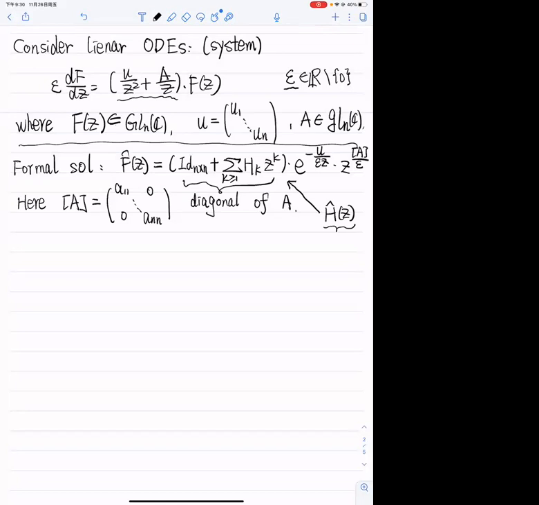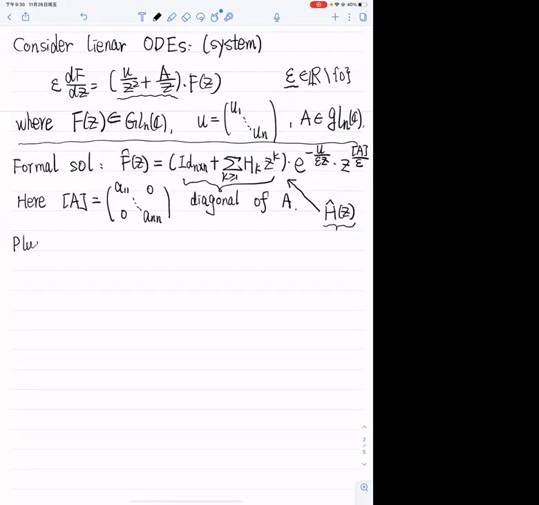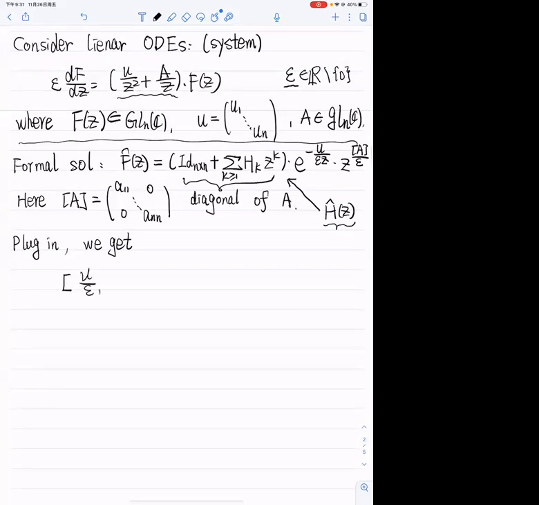Then if we plug this formal expression into our system, we will get a recursive relation for the coefficients Hk. The recursive relation looks like the following expression: minus Hk times A over epsilon plus k times Hk.